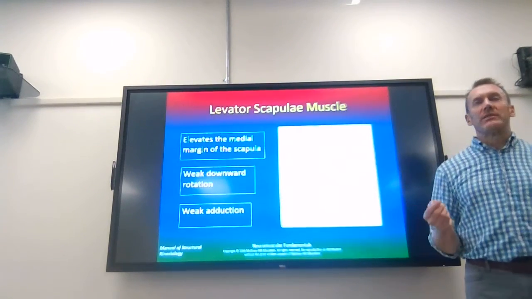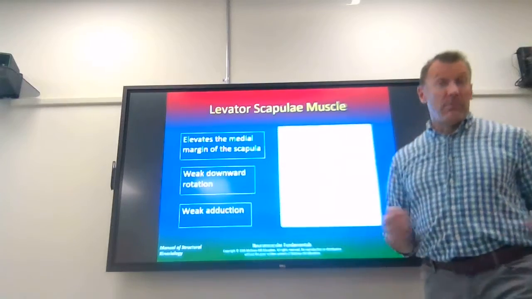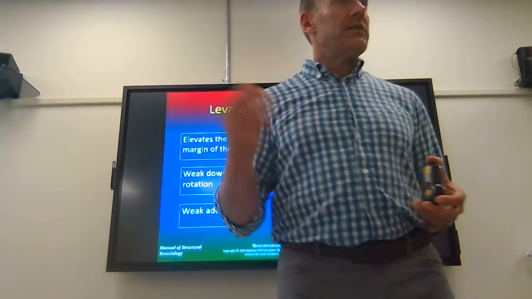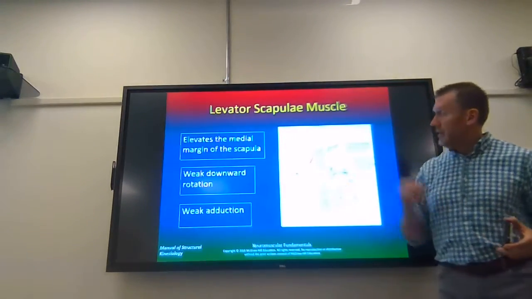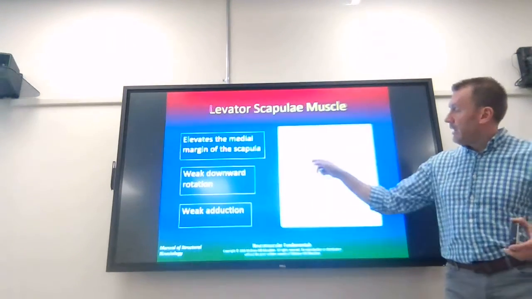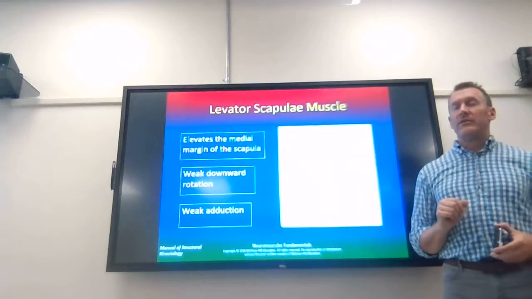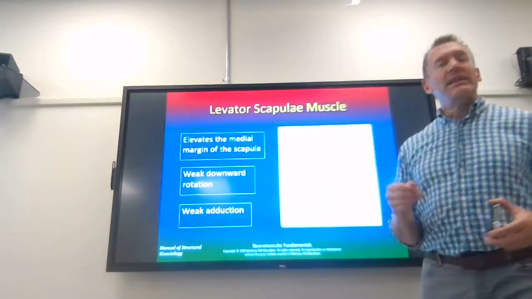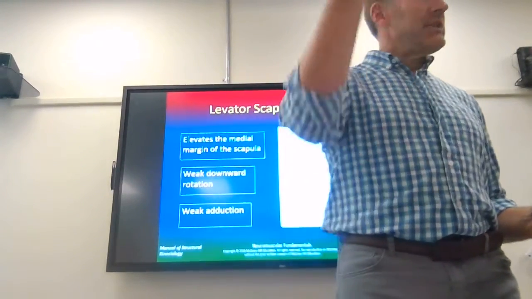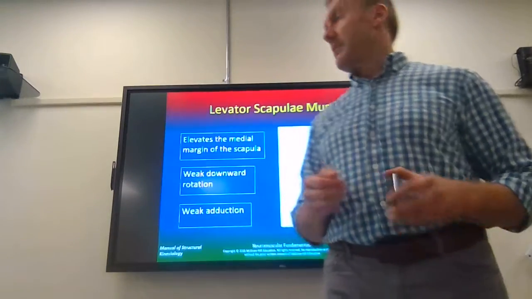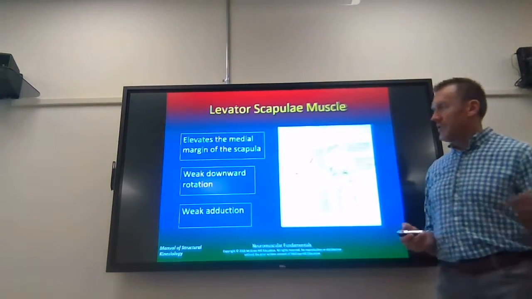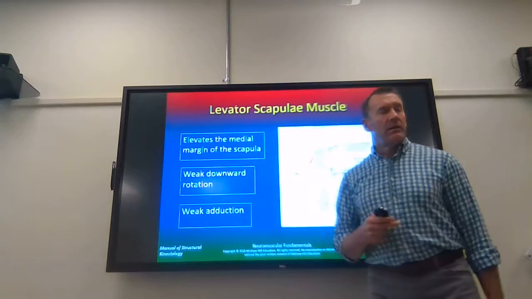Because it's the axial. And because it's a scapular muscle, the insertion has to be somewhere on the shoulder girdle. So it's right here on the superior angle of the scapula. So based on the name, it levitates, it elevates the scapula. It also has a few other weak functions.